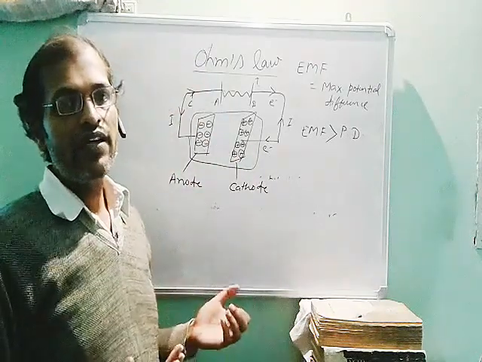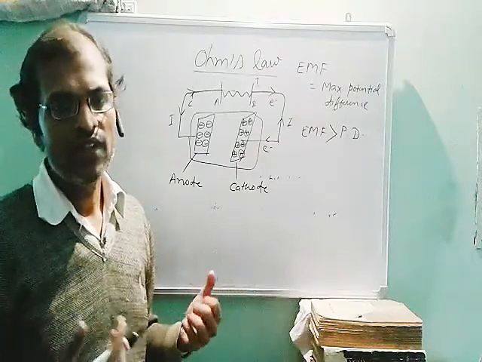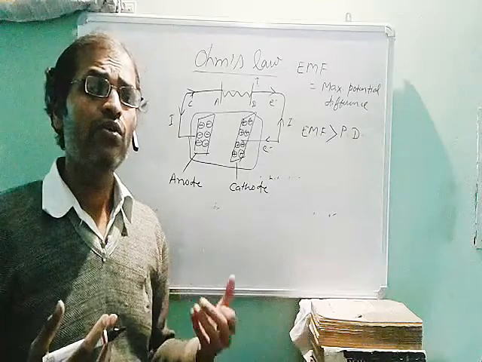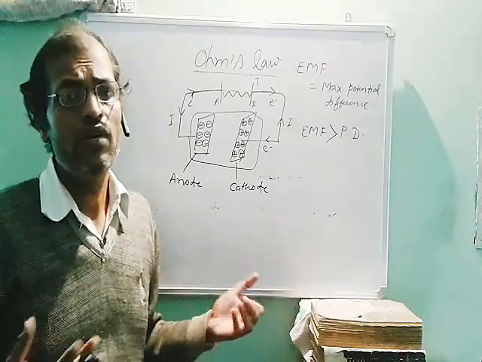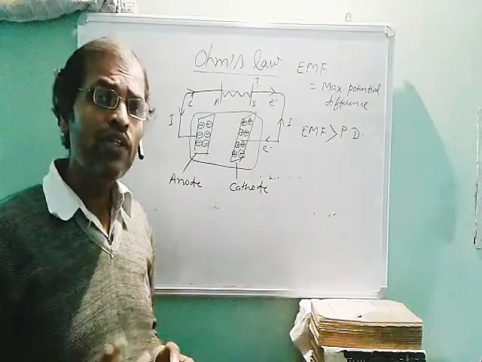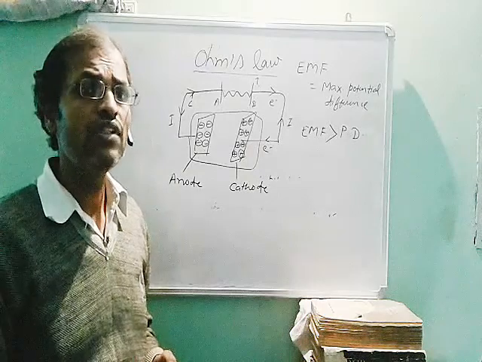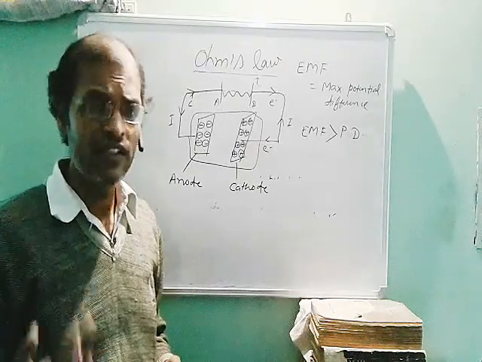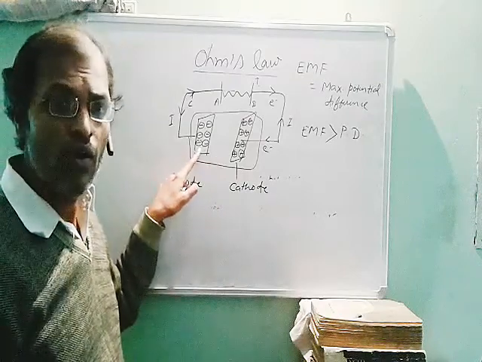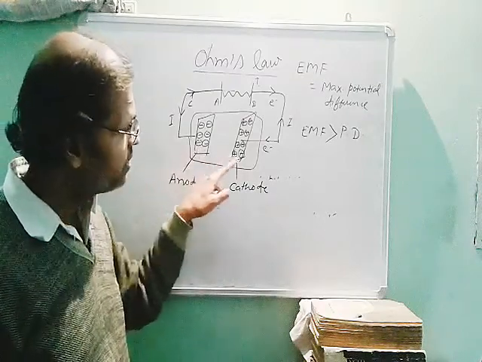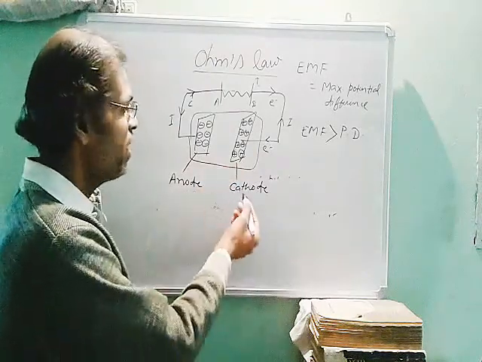Generally students get confused when we talk about cathode and anode. Generally students say that cathode is the negative pole and anode is the positive pole. It's not like that. Actually, anode is the plate or electrode at which oxidation takes place, and cathode is the electrode or plate at which reduction takes place. In the electrochemical cell, at this plate oxidation takes place, and at this plate reduction takes place. That's why it is anode and it is cathode.